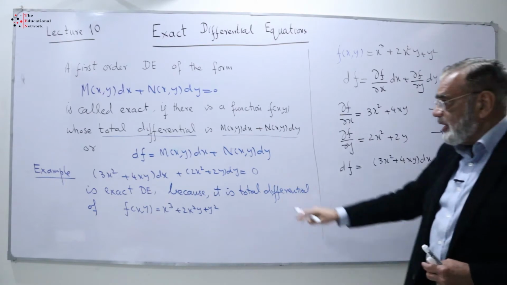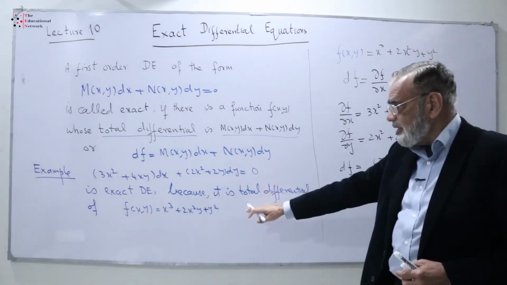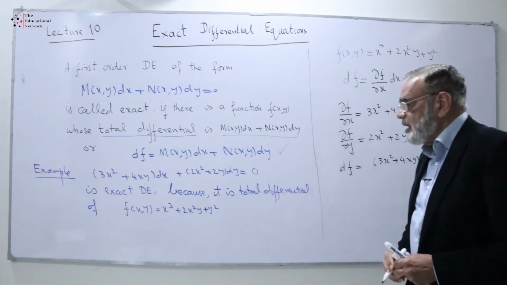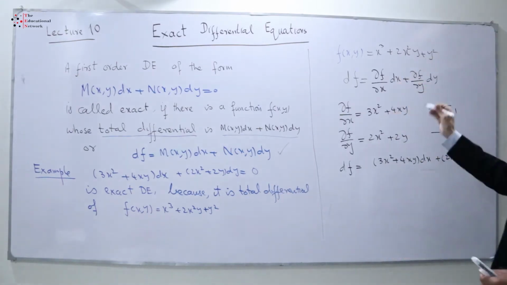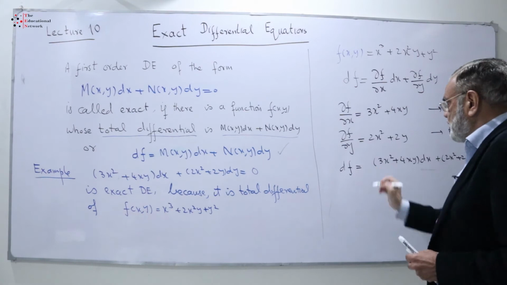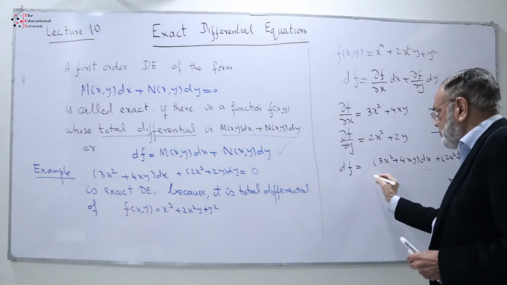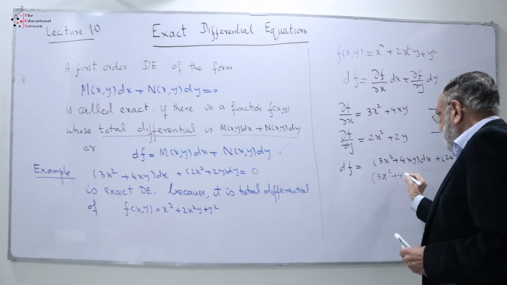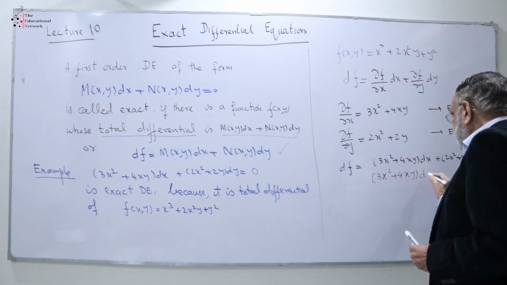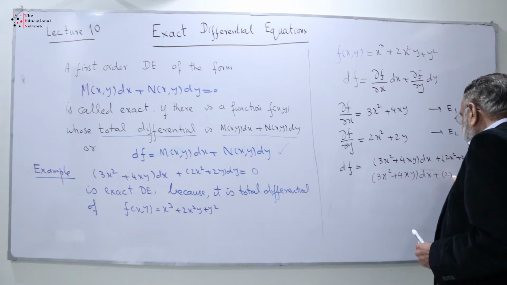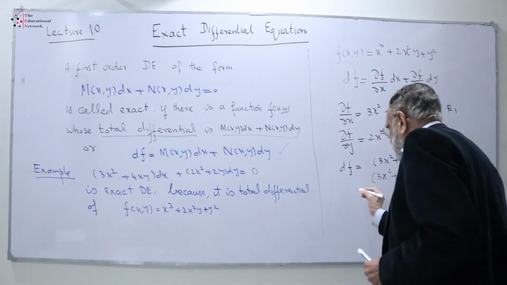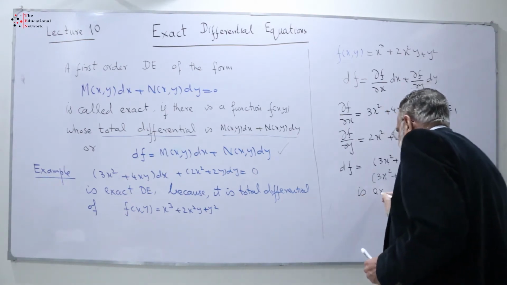We can write it in the form of the total differential as I mentioned here. So we say this is the exact differential, this is an exact differential equation. So this equation, (3x squared + 4xy) dx + (2x squared + 2y) dy = 0, is an exact differential equation.